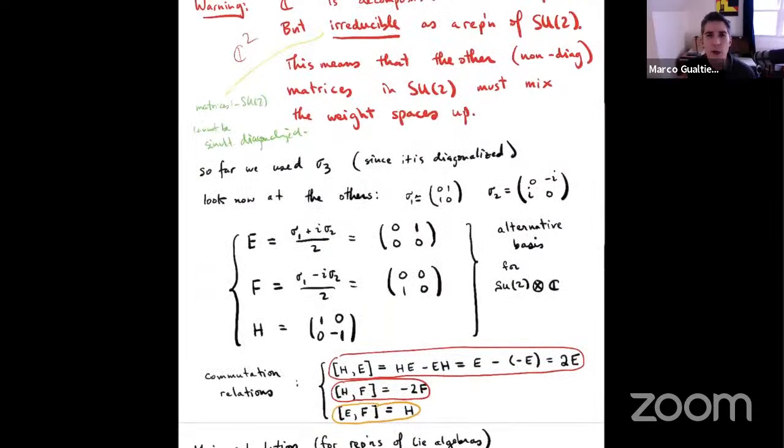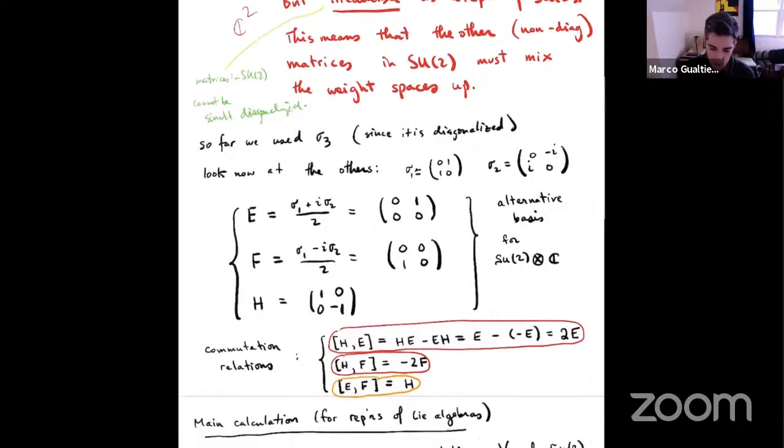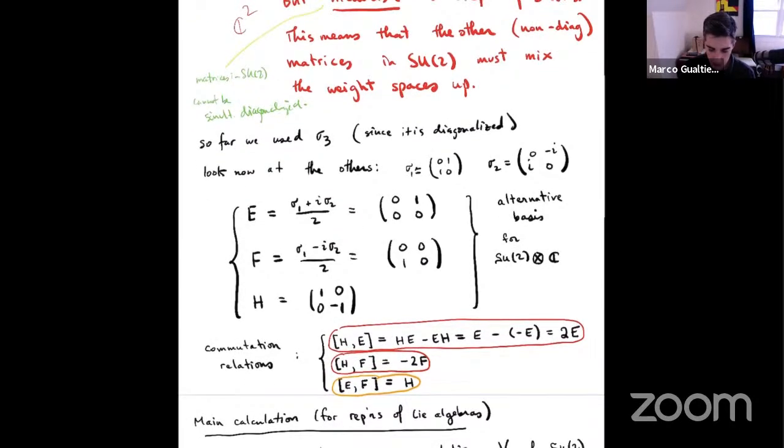So to make this work in the best possible way, it's better to consider the complex field. So what we're going to do is take complex linear combinations of everything. So let's take a look. Let's take sigma 1, and let's take sigma 2.